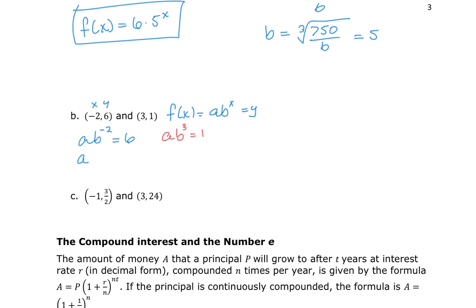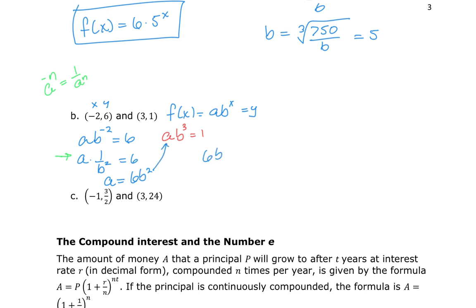So this is a times 1 over b squared is equal to 6. And the rule I'm using is that a to the negative n is 1 over a to the positive exponent. So now I'm going to multiply both sides by b squared, and I get a is equal to 6b squared. Cool. I'm going to put that in right here.